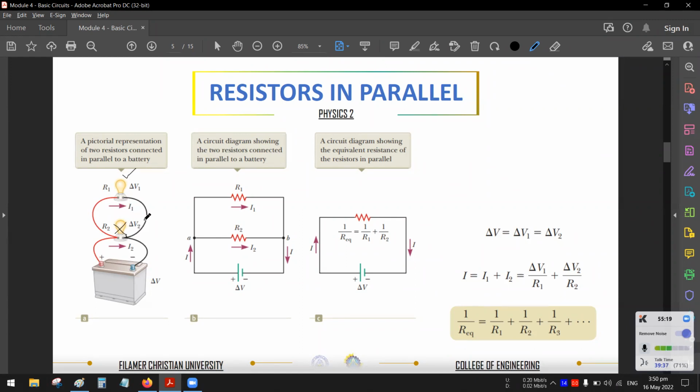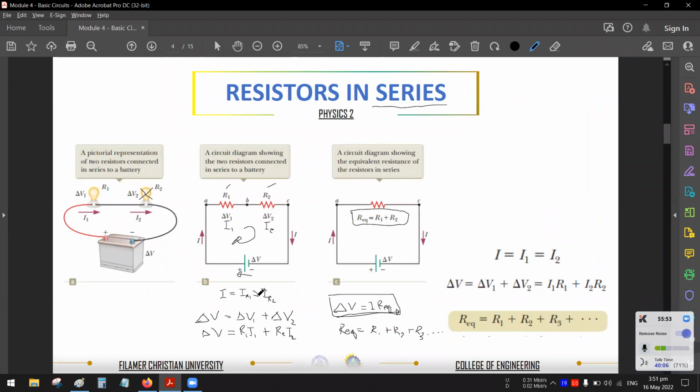Okay. So as with the series combination, what is the value of our resistor here? Do we just add them? How do we get the resistance here? So the potential difference, the voltages across these resistors, are just the same. Okay? So earlier, the current was the same. Here, the voltage across each resistor is the same.